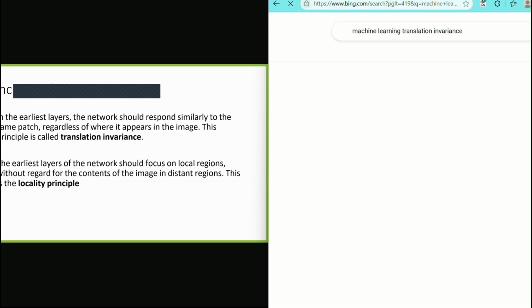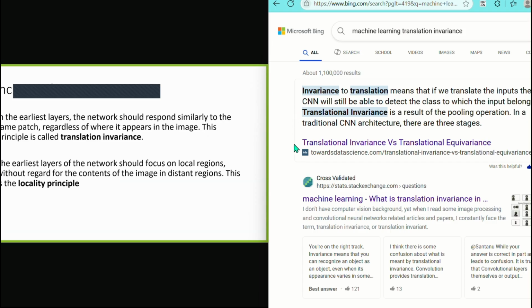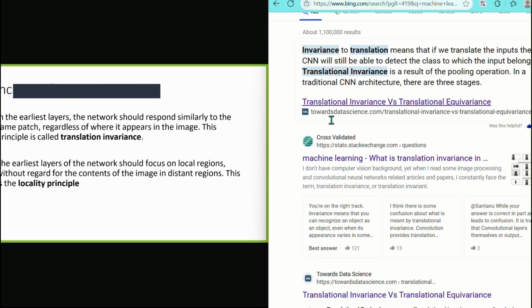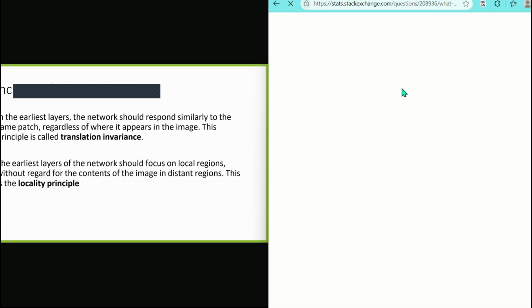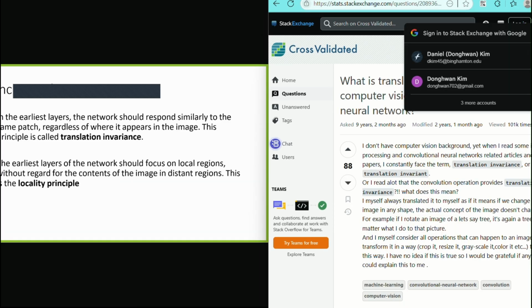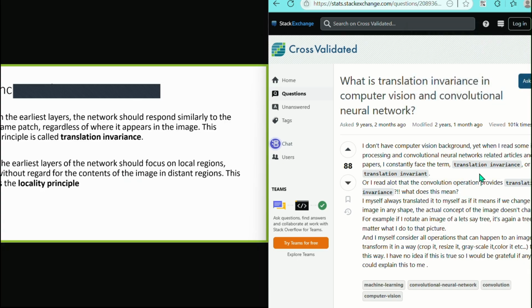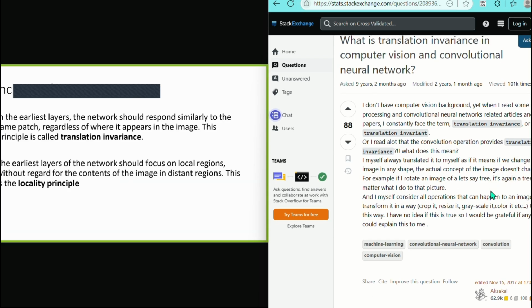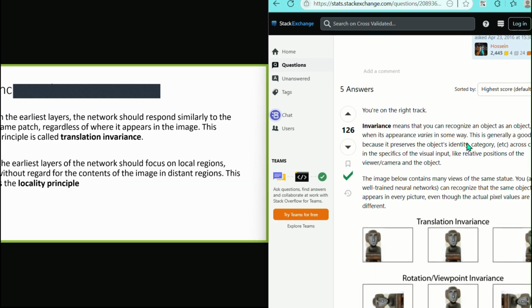So if there's a cat in the image, regardless of where it appears, you would want to be able to detect it. And the second principle is locality.